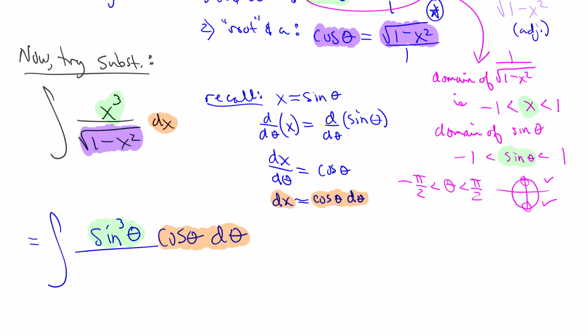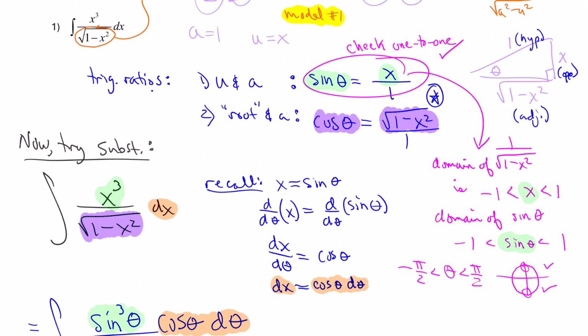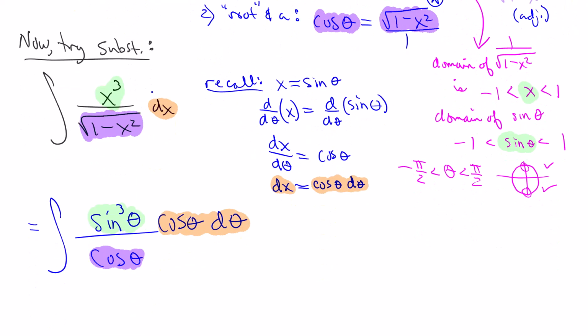And then with our denominator, which used to be the square root of 1 minus x squared, well, we just found out earlier that that's really just cosine theta. And yes, let me highlight that in the same color as well. So everything's getting replaced by something that came about from this right triangle trig model.